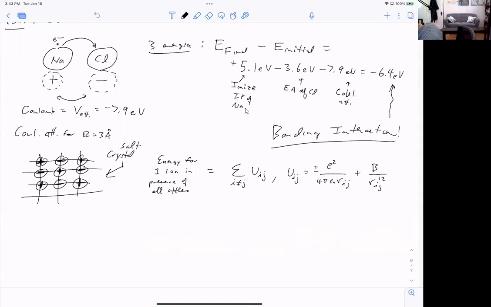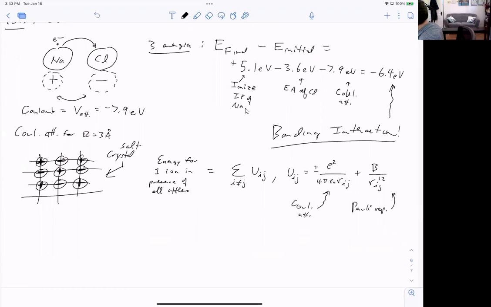The first term is the Coulomb attraction or repulsion, and of course this second term will be the Pauli repulsion. So if I took a bunch of ions and put them together, I could think of the energy like this.